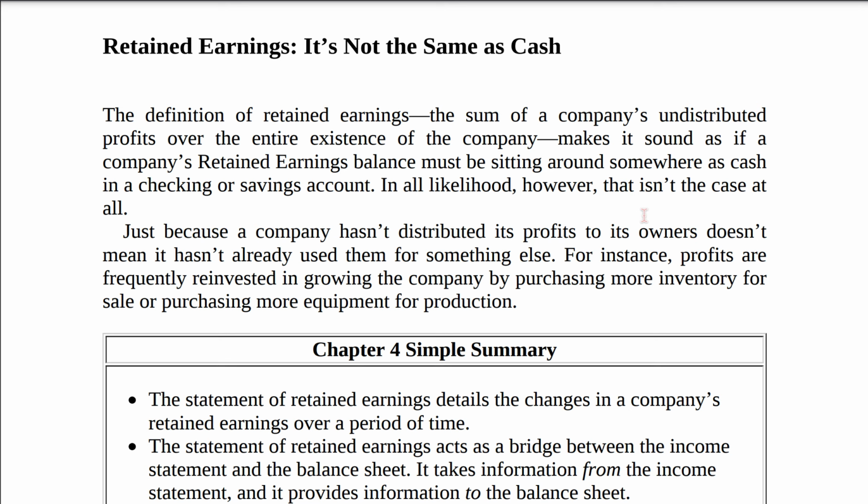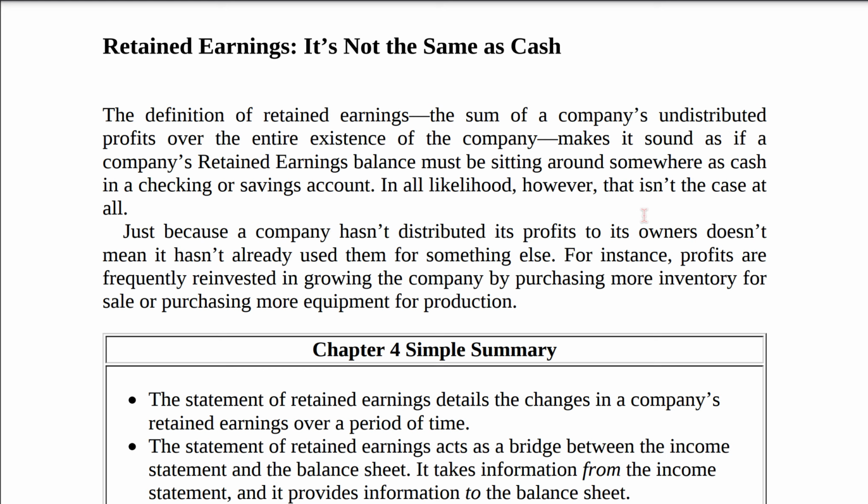Just because a company hasn't distributed its profit to its owners doesn't mean it hasn't already used it for something else. For instance, profits are frequently reinvested, as I told you, and can be used for expansion purposes also. They are frequently reinvested in growing the company by purchasing more inventory for sale or purchasing more equipment for production. Okay, retained earnings is not sitting in the form of cash.